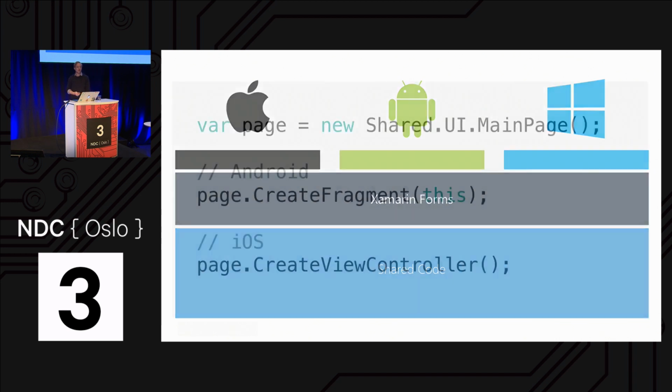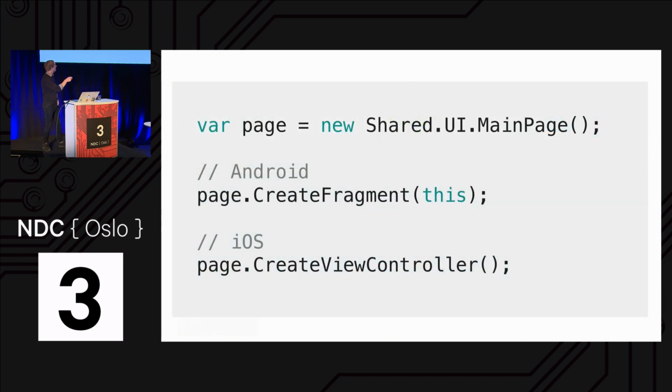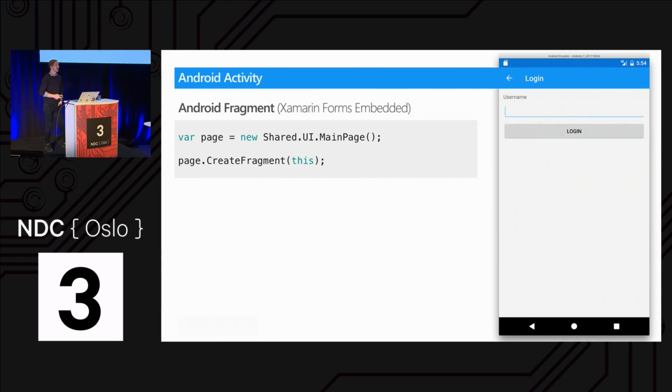So how do we do this? Well, with Xamarin Forms, we can simply create this new main page, for instance. And then we can say, give me the fragment, or give me the view controller. And that gives me those things for the particular platform. So in this example, we have an Android activity. We have a login activity, and what it's simply doing is displaying the username and then a login button.